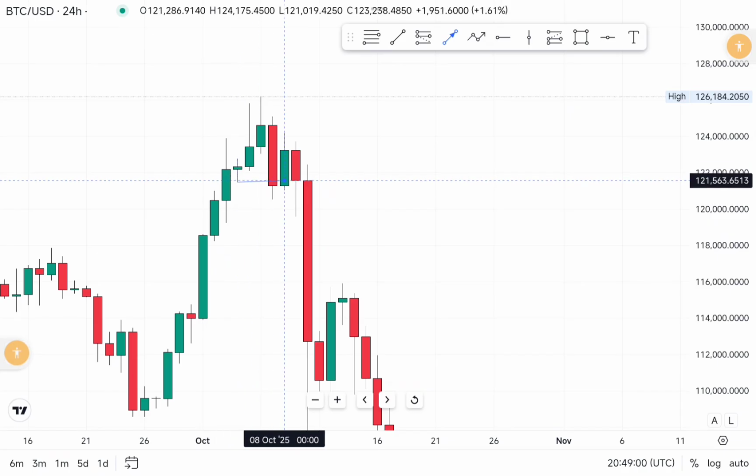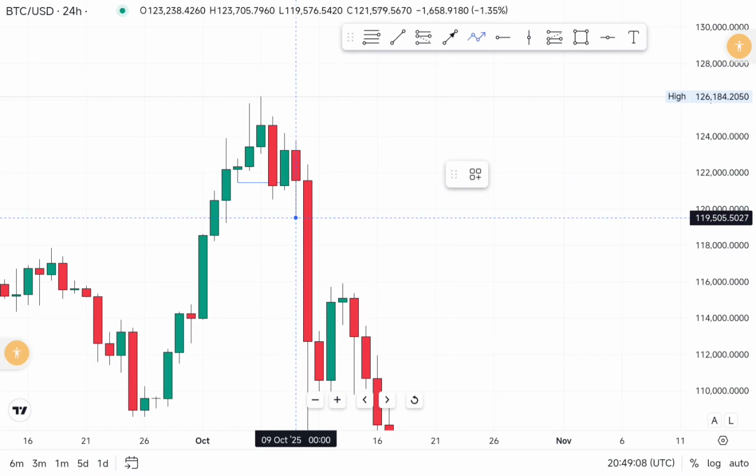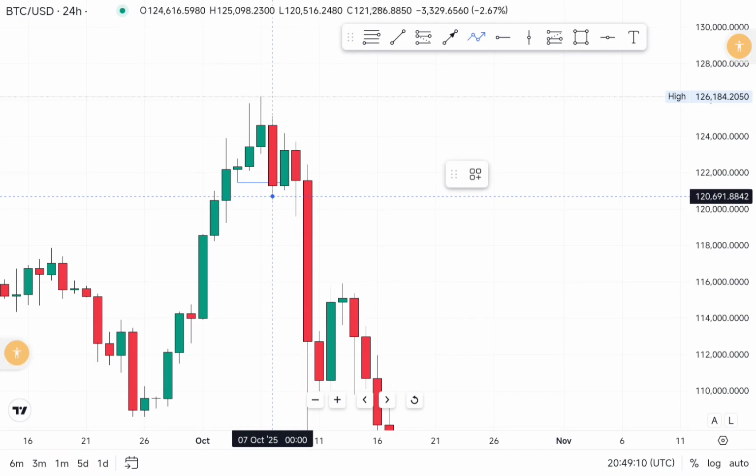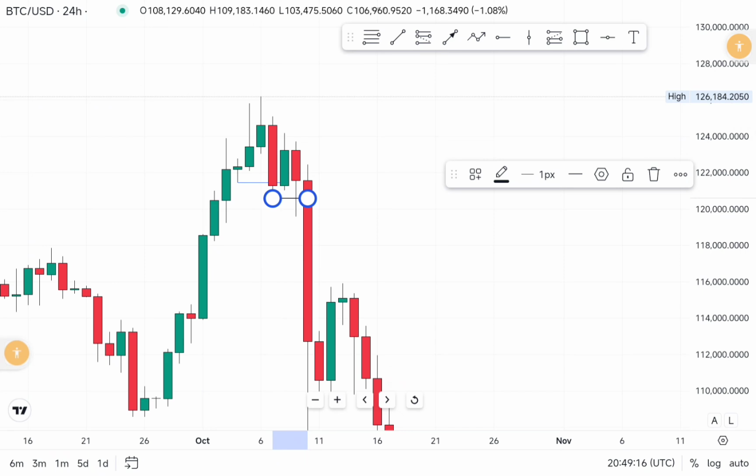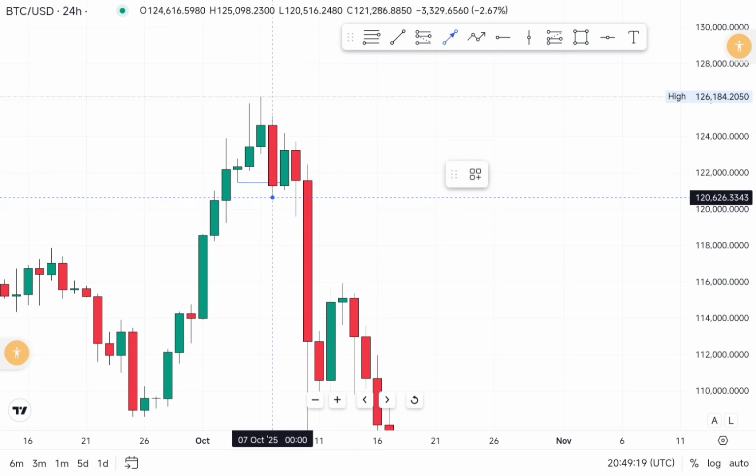So from our high, we locate and observe a structure shift there. That is a change of character. As you can see, the liquidity has been nicely drawn.